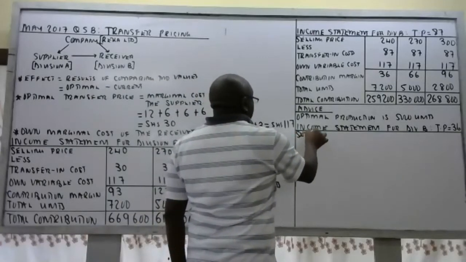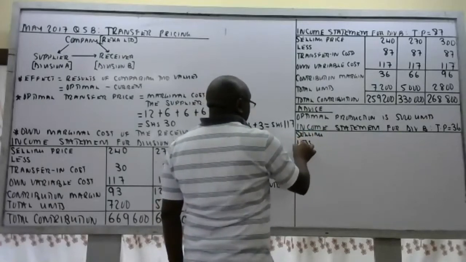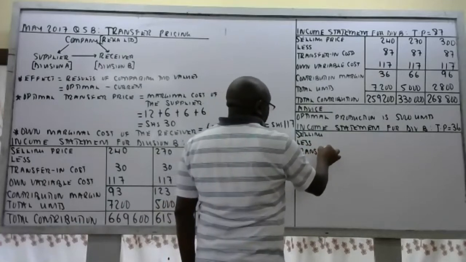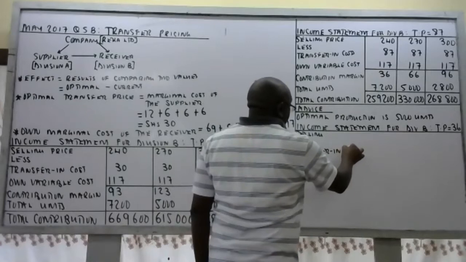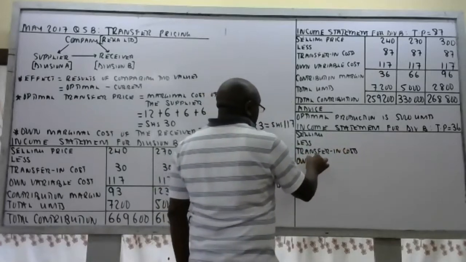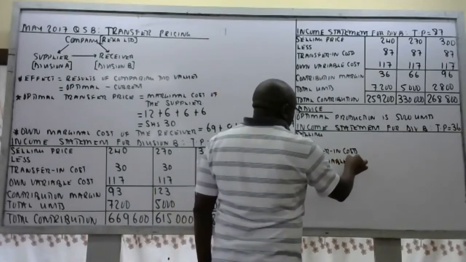So we have selling price less transfer in costs. Then own variable costs.